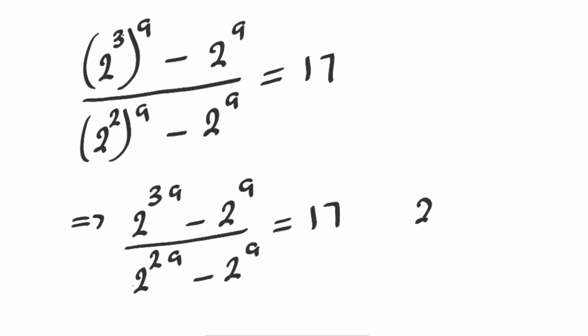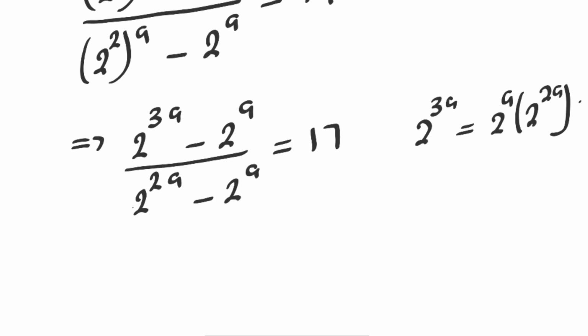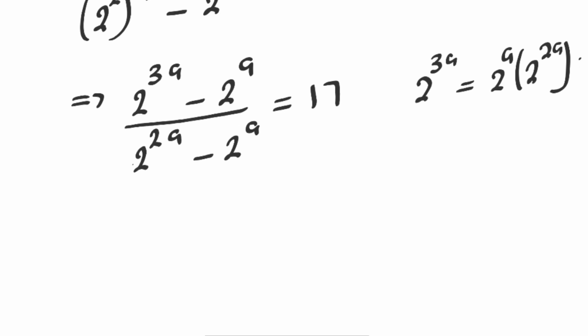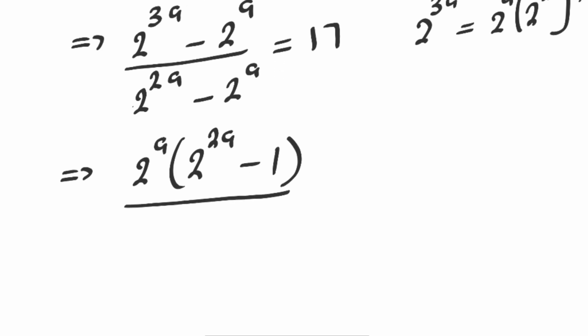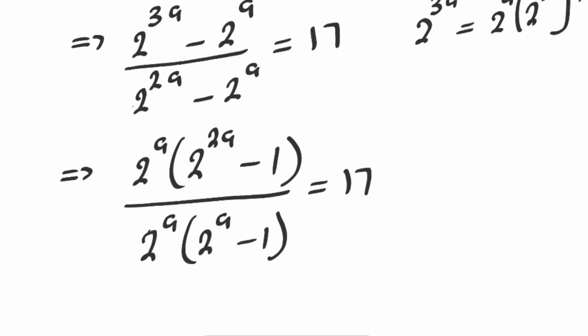If you have 2^(3a), this is the same thing as 2^a times 2^(2a). Then the numerator can be written as 2^a (2^(2a) − 1), divided by 2^a (2^a − 1), is equal to 17.